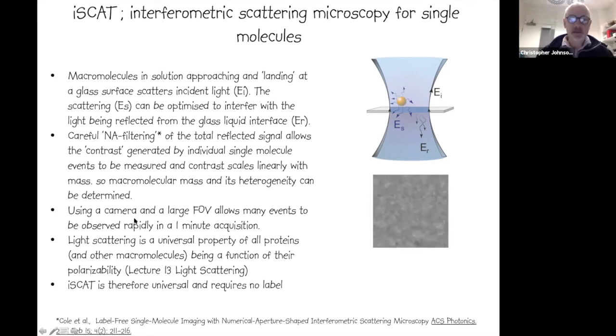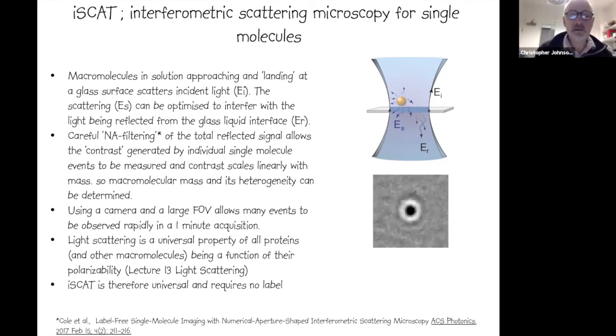So the system uses a camera and has a fairly large field of view, which is obtained via a scanning mechanism. And this allows very many events to be observed pretty rapidly within a fairly short acquisition time. And light scattering is actually a universal property of all proteins and most other biological macromolecules.